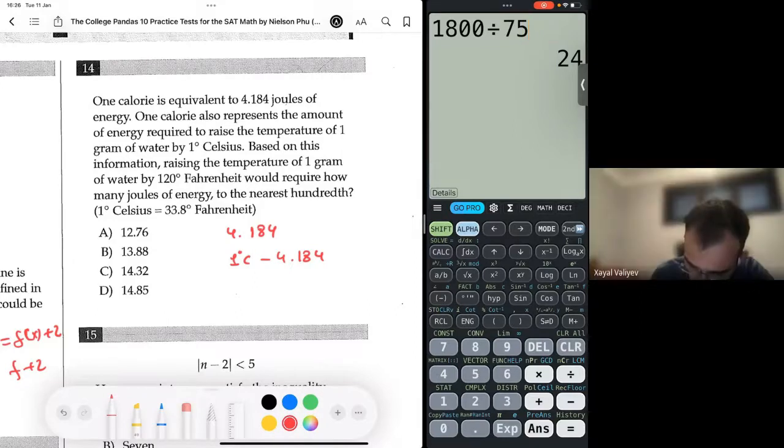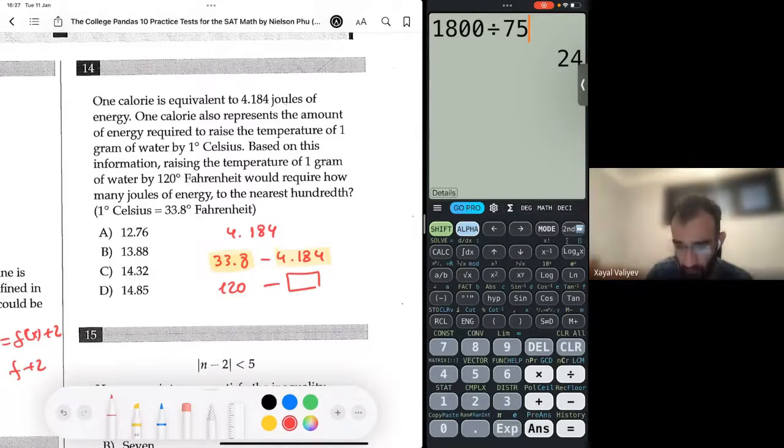And what we also know, 1 Celsius represents 33.8 Fahrenheit. That means we actually need that amount of Fahrenheit for this. So we have that amount of Fahrenheit for how many joules of energy to the nearest 100.